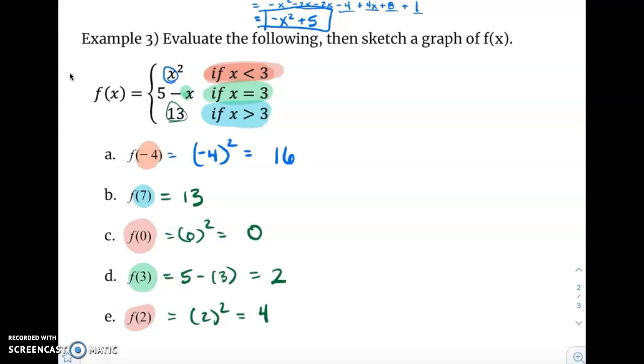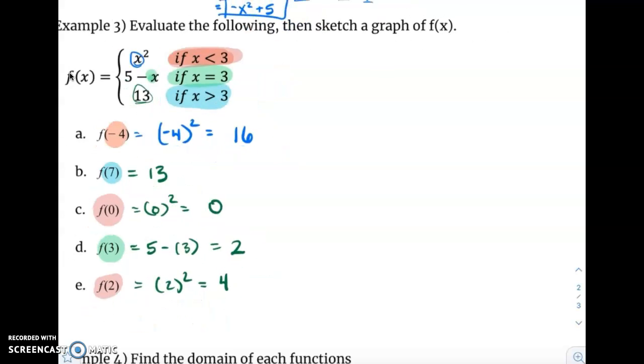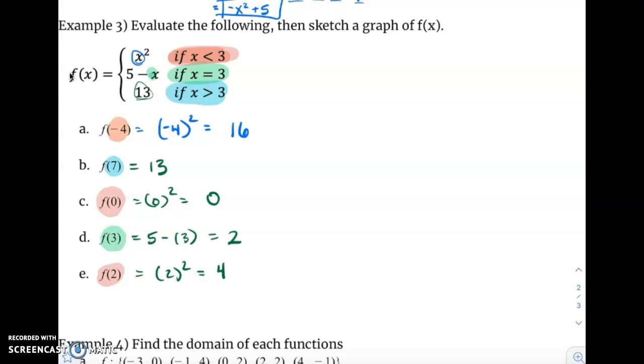And now to graph a piecewise function, you can make a table of values like we did here. That's probably the best way to do it. Let's just do it that way. So let's plot these points that we've got. Negative 4 is at 16.